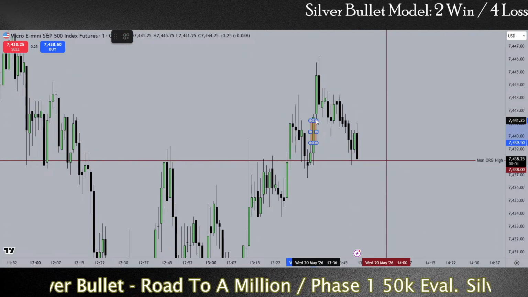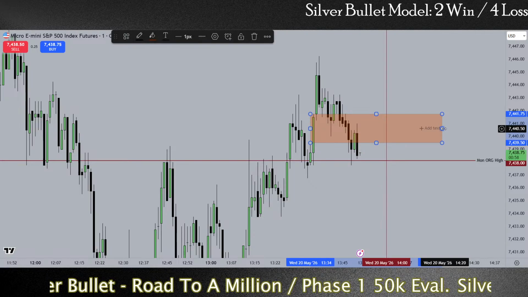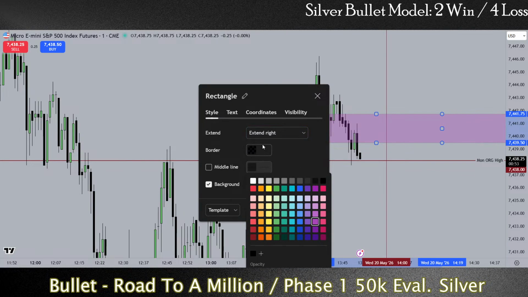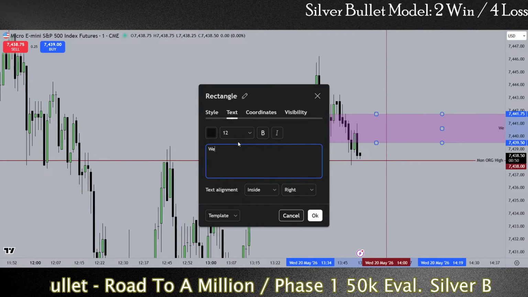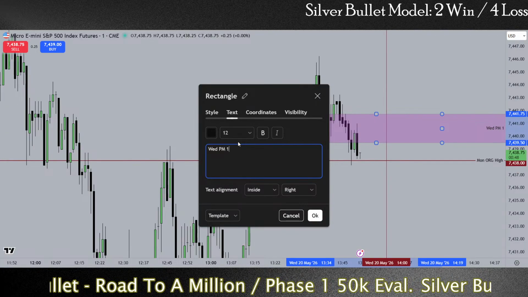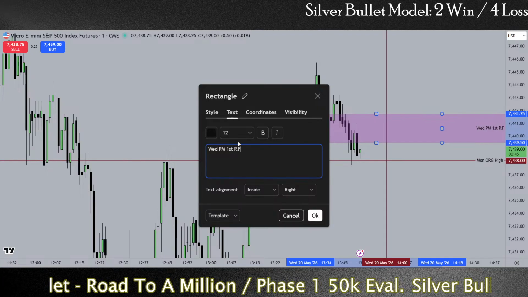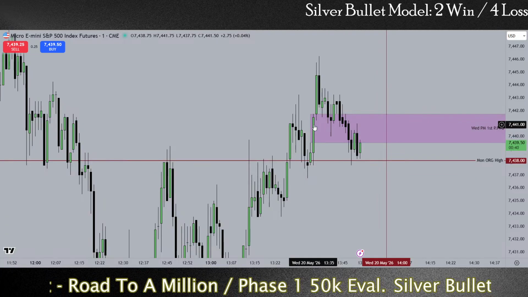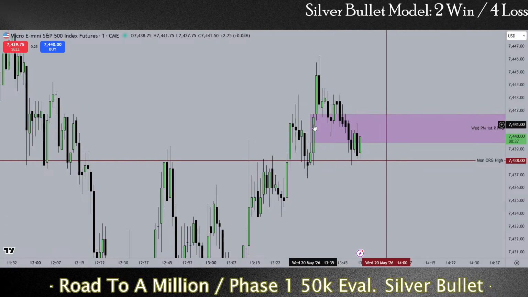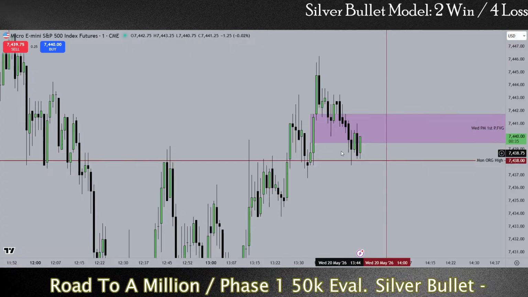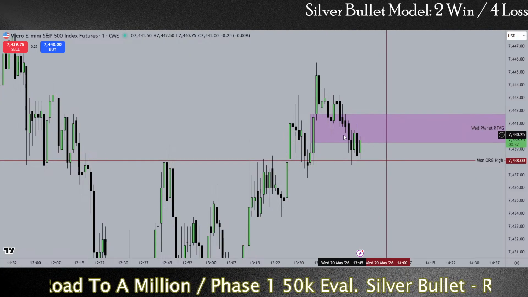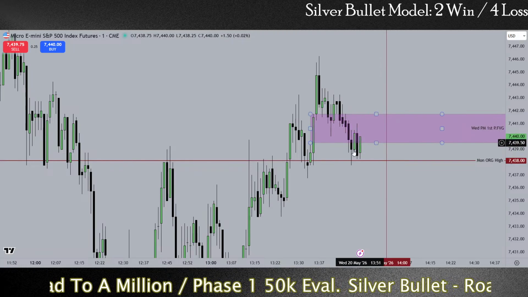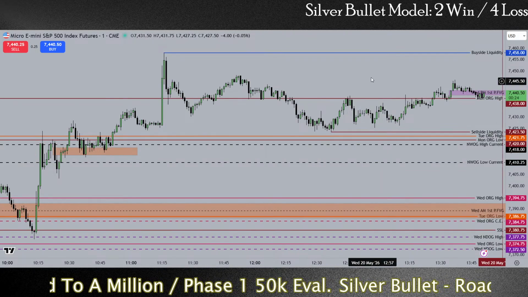So I will use this going forward as the PM session first presented fair value gap. Okay, so this is something from the opening range for the PM session that might be useful going forward.